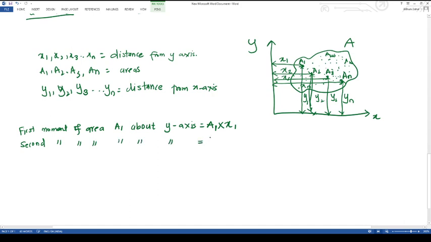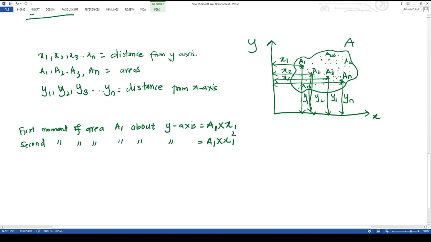So what does it say? It says that it is the product of mass, so the mass here is having area A1, into the distance x1 squared, right?